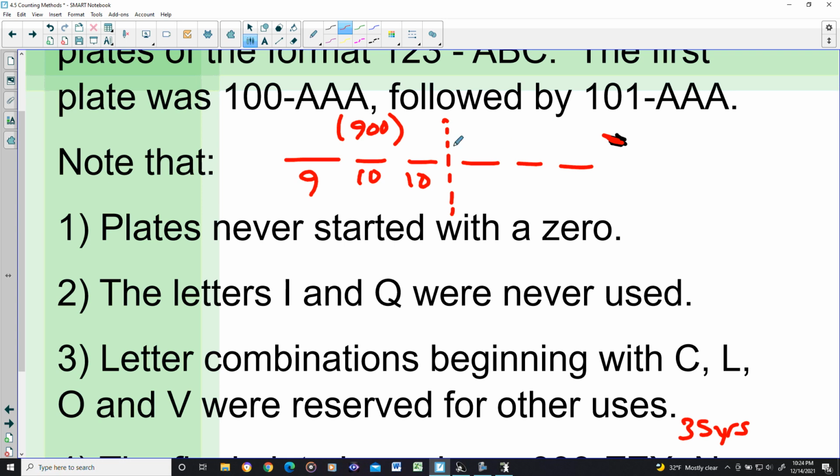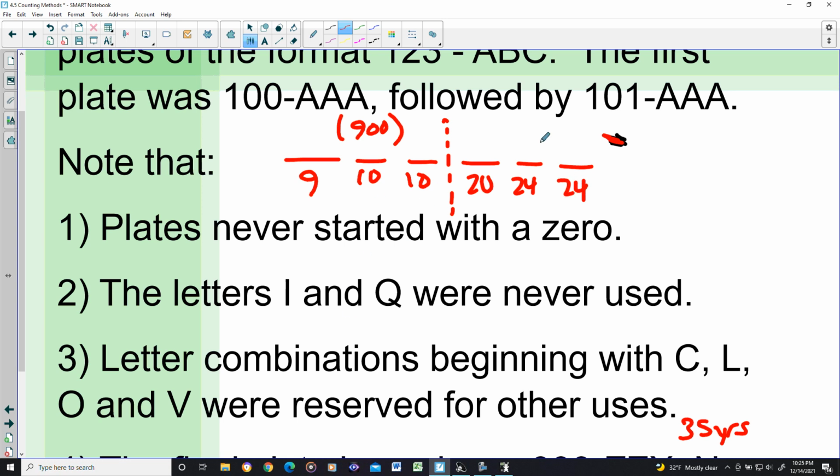All right, what about the letters? Now, how many letters were there? So the letters I, Q were never used. C, L, O, and V were reserved. 26 letters of the alphabet, only 20 of which were used here. Now the other ones, C, L, O, and V were being used, so that's 24 and 24 here as well.